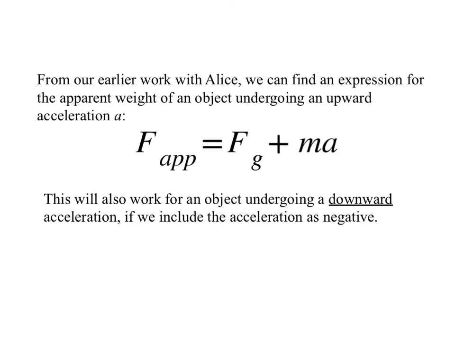From our earlier work with Alice, we could find an expression for the apparent weight of an object undergoing an upward acceleration: the apparent weight, Fap, is the actual weight plus ma. Right? The upward acceleration means we add in a correction term which represents that. And it turns out that this will also work for an object undergoing downward acceleration if we include the acceleration as negative, the way we would expect.